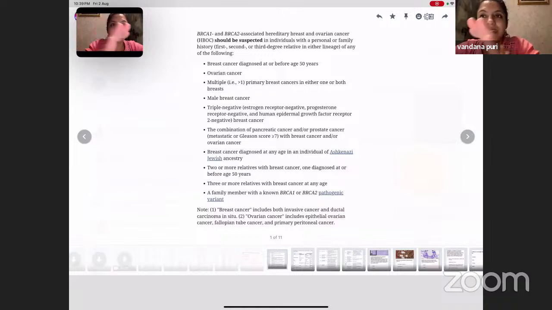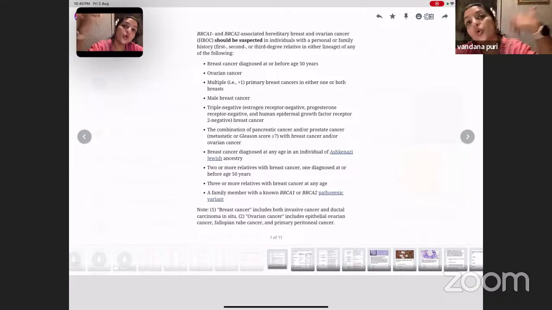So remember, these are the criteria you have to remember. Also, any person who presents with a combination of pancreatic and or prostatic cancer with breast cancer or ovarian cancer, these are also the group of patients where HBOC should be suspected.